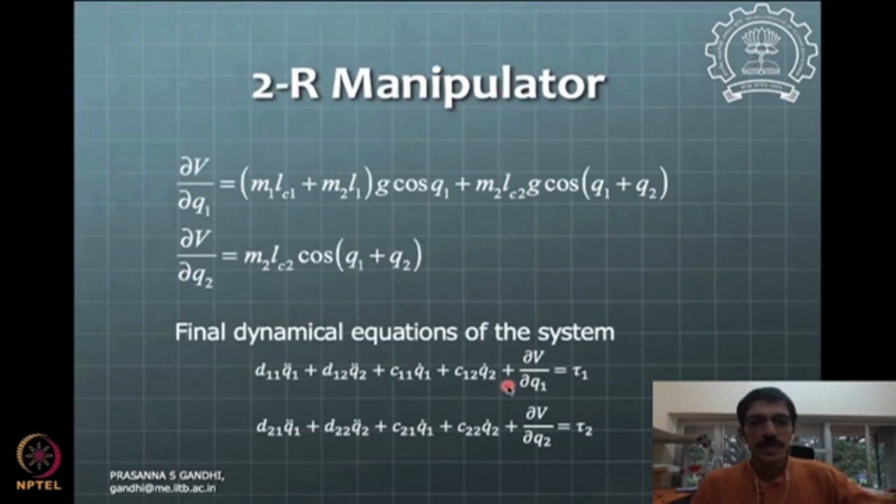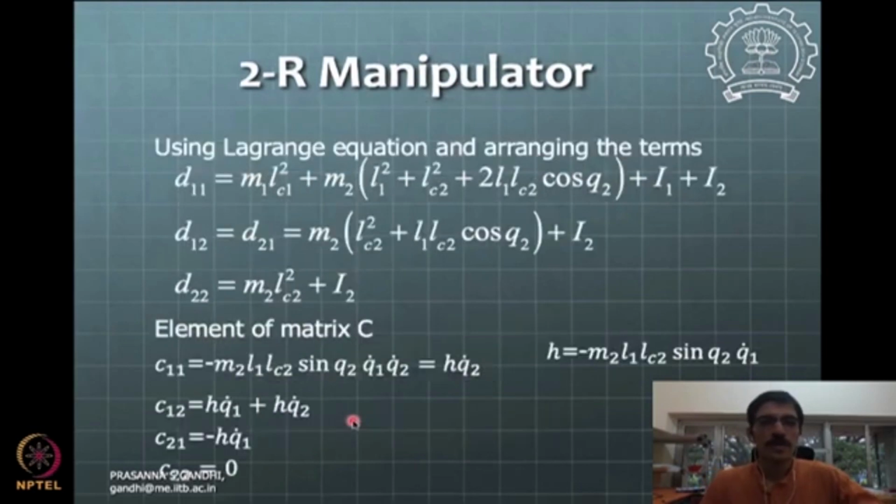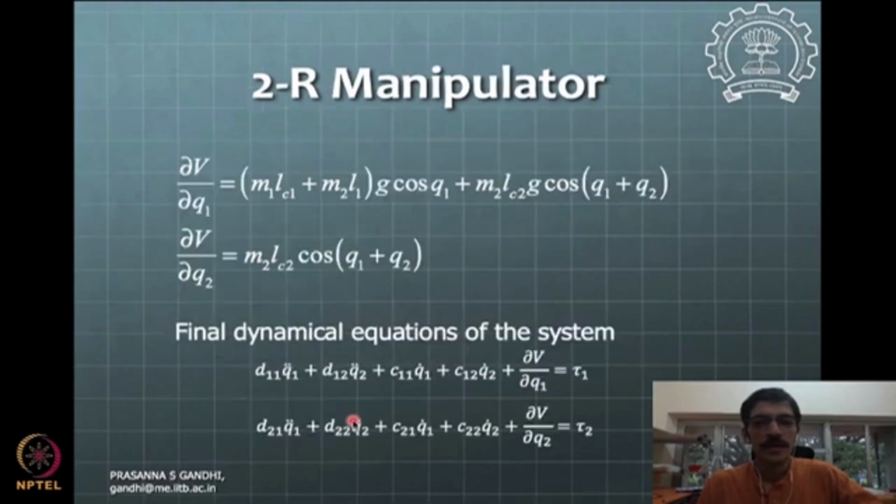The equations are expressed in this form, and as you have seen, these d11, d12 terms are defined here, and in the other longhand derivation also, and these are the c terms mentioned here. With this you have the complete equations of dynamics of a manipulator derived.